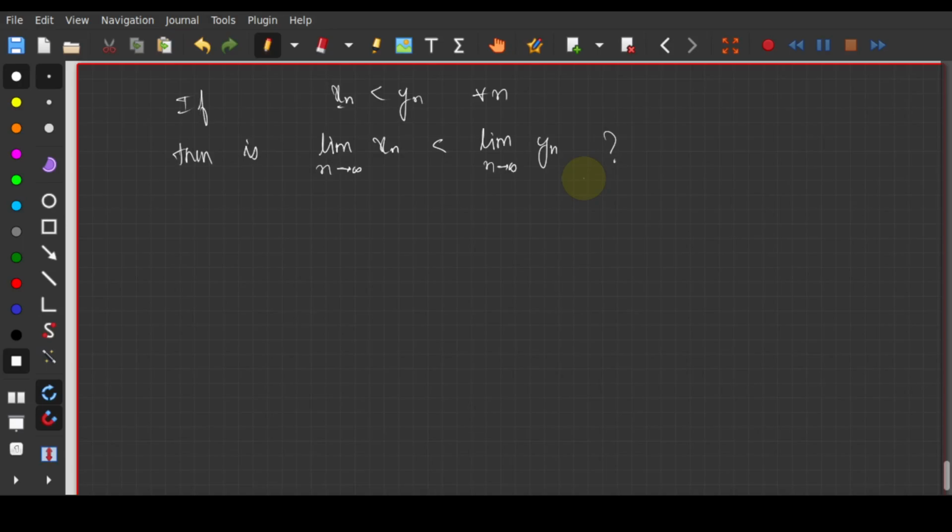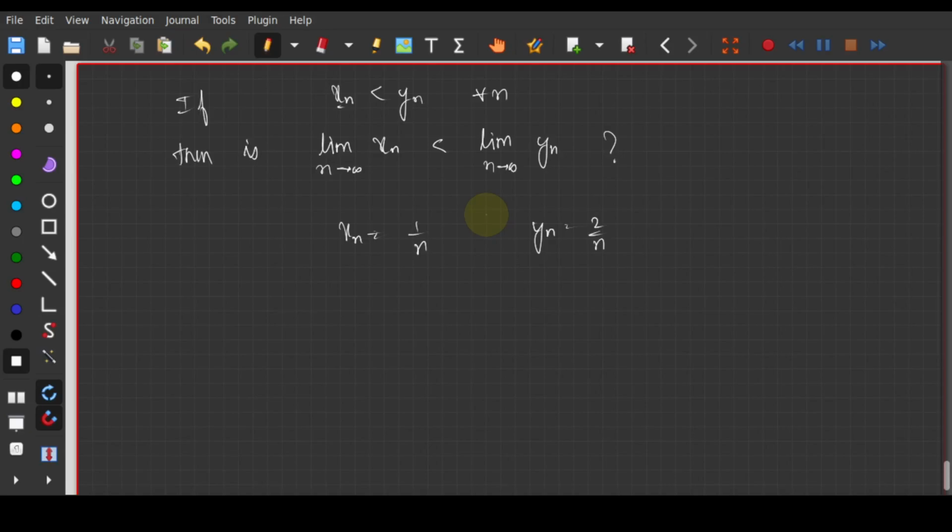Okay, can you give an example where this is not good? Yes. For example, I can take xn to be 1 by n, yn to be 2 by n. So clearly xn is strictly less than yn for all n. But what is the limit as n tends to infinity of xn? 0.